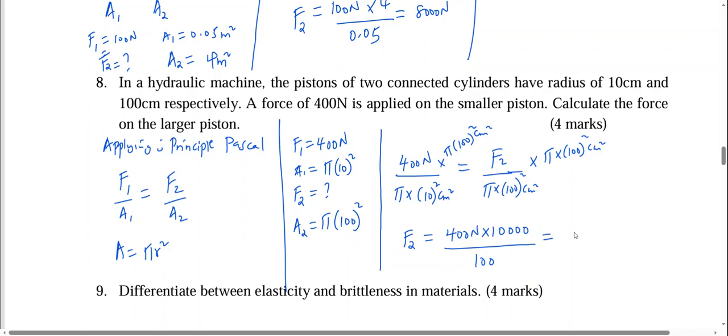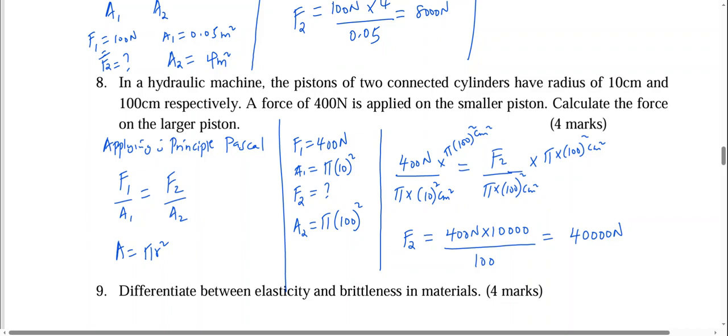This gives me 40,000 Newton. Therefore, the force on the larger piston is definitely 40,000 Newton.